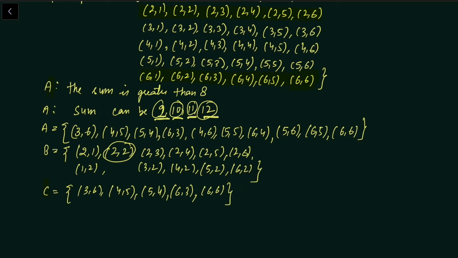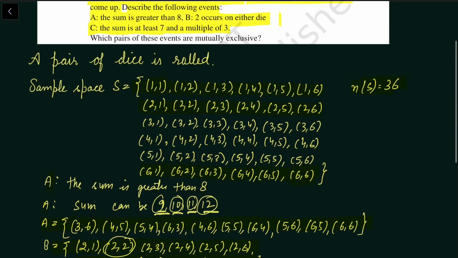So we have described all the events A, B and C. Now let us look at the question. Which pairs of these events are mutually exclusive? According to the definition, two events A and B are said to be mutually exclusive if A intersection B is equal to phi.